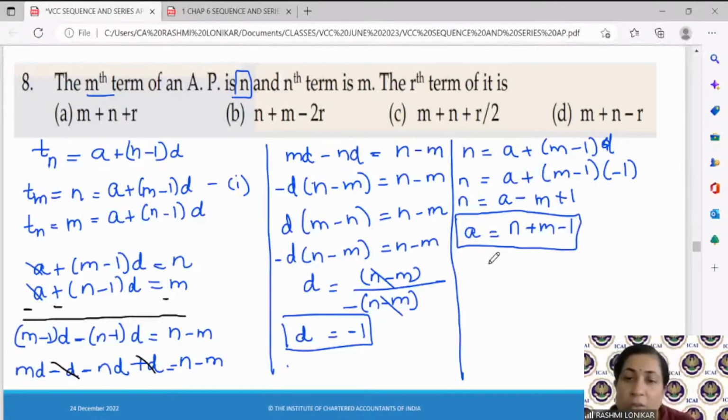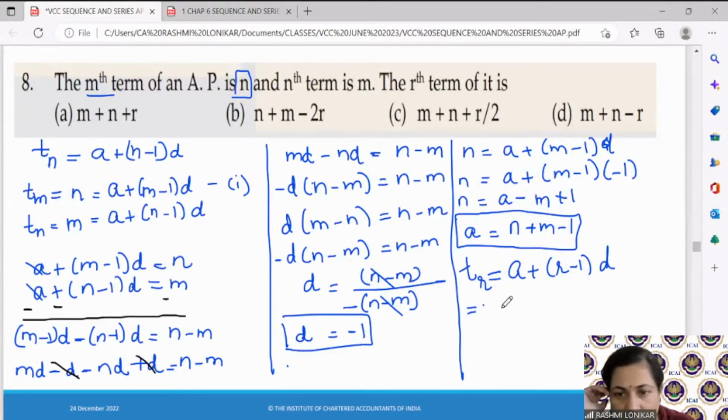So now I have a, I have d, and I'm asked to find out Tr. The rth term. I'm asked to find out the rth term. The rth term will be a plus r minus 1 into d. I will substitute. What is the value of a? This is equal to n plus m minus 1 plus r minus 1, and d is how much? Minus 1. d is minus 1. a is n plus m minus 1.